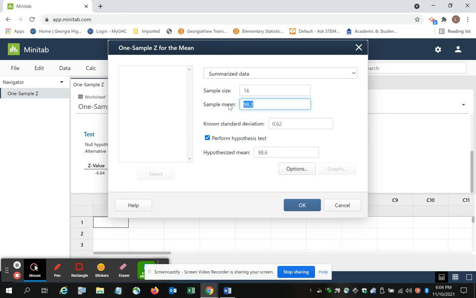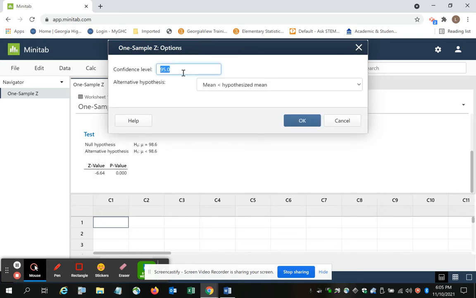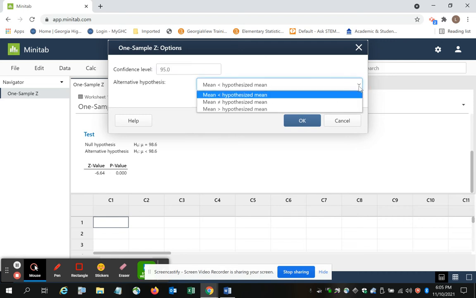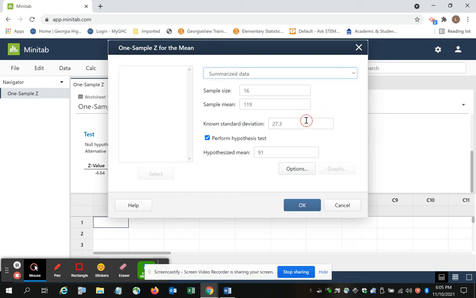My sample mean was 119. The known standard deviation was 27.3. My hypothesized mean was 91. Again, we're doing a 5% significance level, so it's a 95% confidence level. And this time, we're saying it's not equal. So I click OK. I click OK.